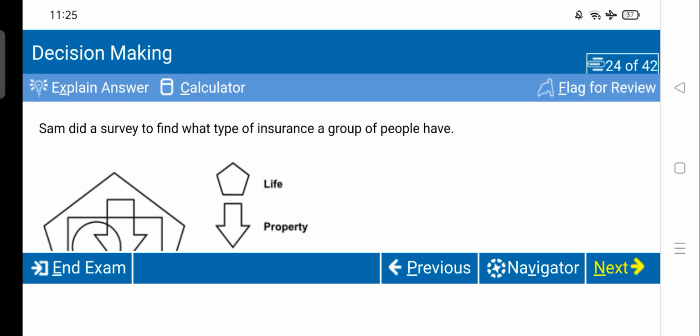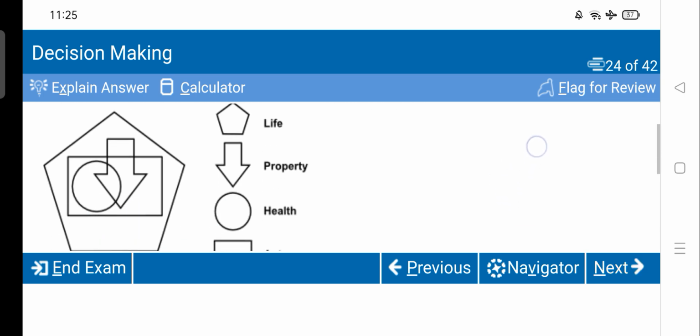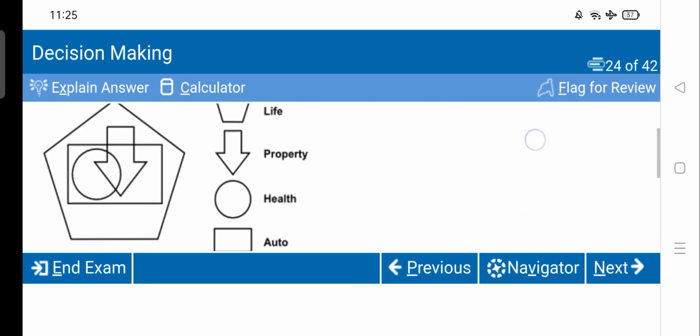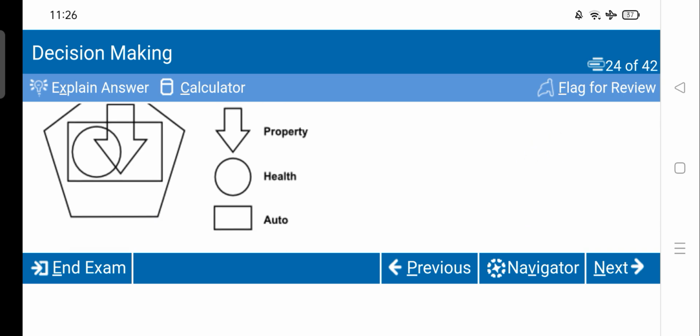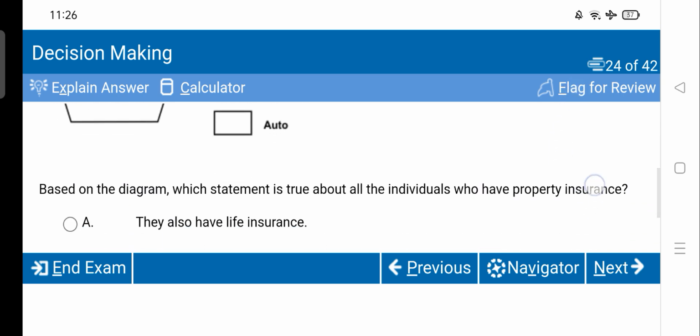Next question we have: Sam did a survey to find what type of insurance a group of people have. So here we have this diagram with some shapes. The first shape represents life, then an arrow pointing downward represents property, a circle represents health, and a rectangle represents auto.